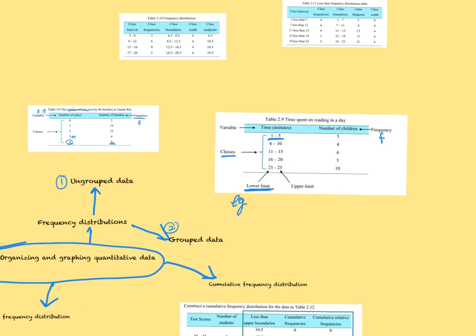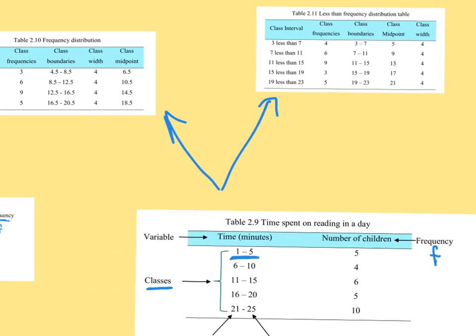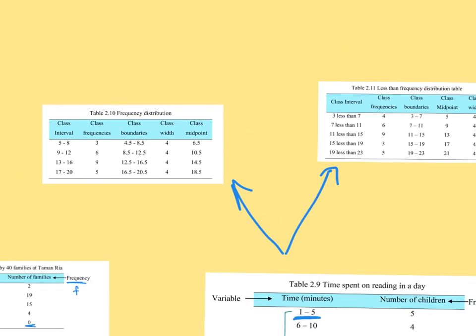And then for grouped data, there are 2 kinds of table. So we need to be very clear right here. In table 2.10, the frequency distribution, the class interval given here is 5 to 8.